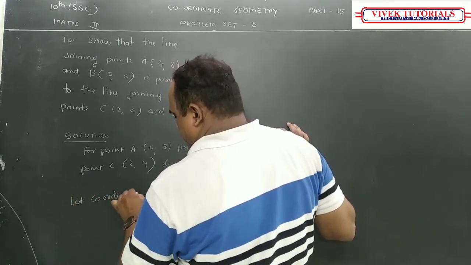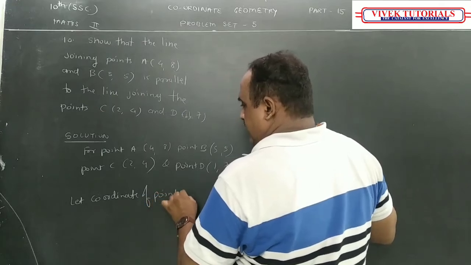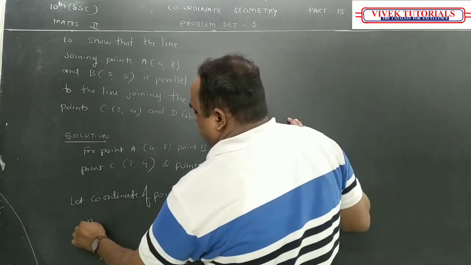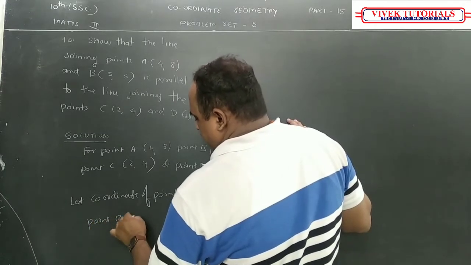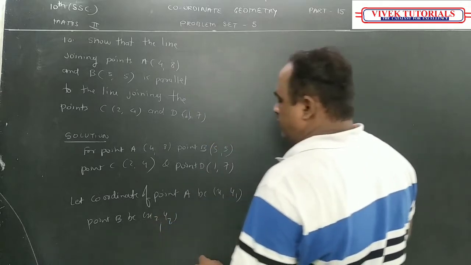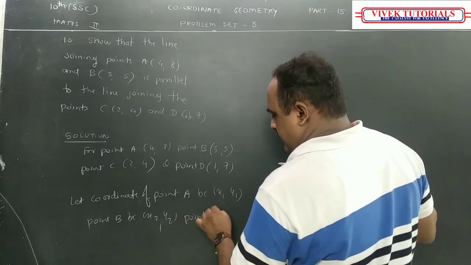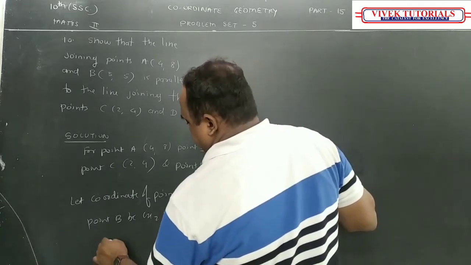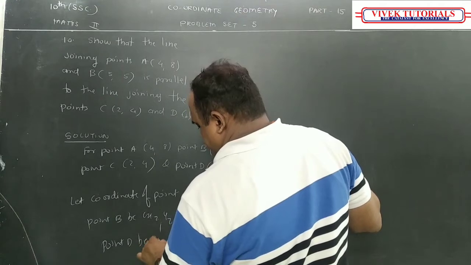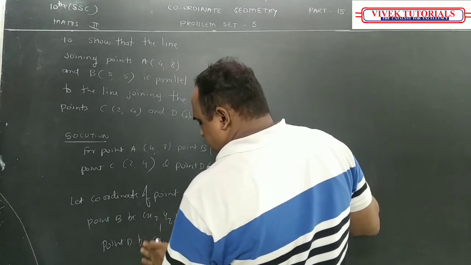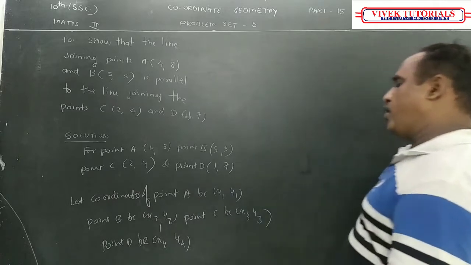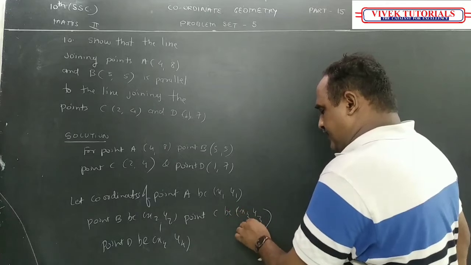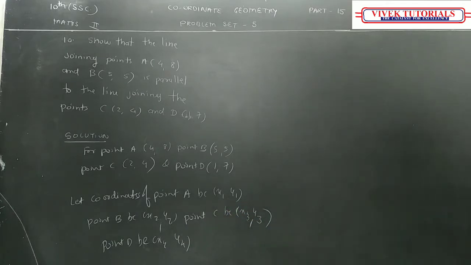the coordinates of points A, B, C and D be (x1, y1), (x2, y2), (x3, y3) and (x4, y4).